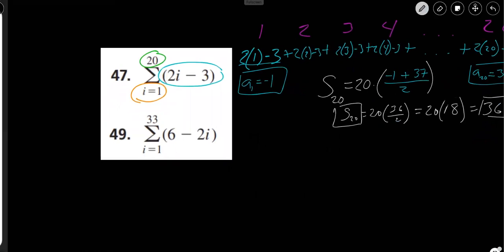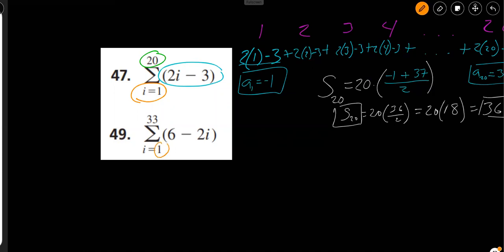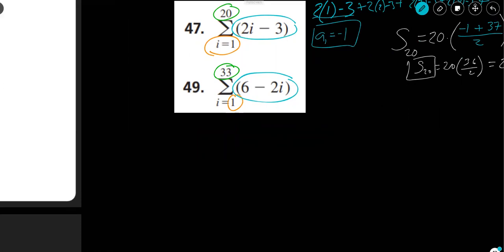All right, so let's step through this again. We'll kind of speed it up a little bit. Again, we're going from 1 to 33 now, and our rule is 6 minus 2i. So all I need to do is determine the value of A1. Well, that's going to equal 6 minus 2 times my value, which is 1.